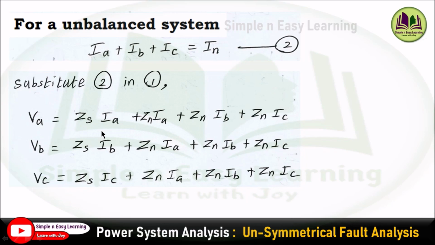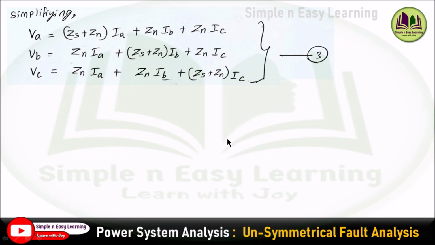In the phase voltage equation, you will have two IA terms. Take IA as common, and you will get Zs plus Zn. For VB, two IB terms are there, so take IB as common, and you get Zs plus Zn. In the third equation, take IC as common, and you will get Zs plus Zn. That is your third equation.